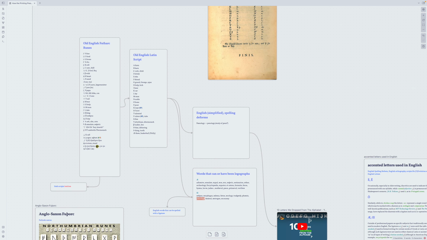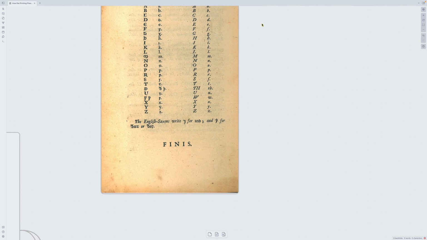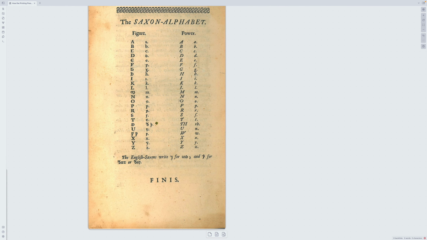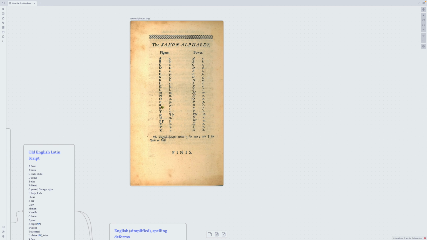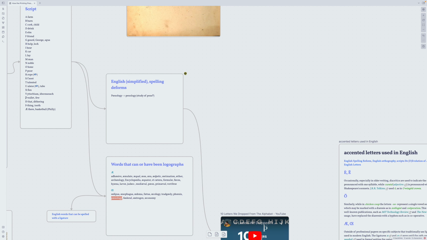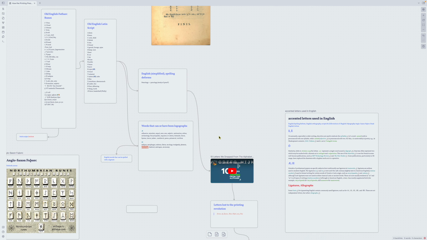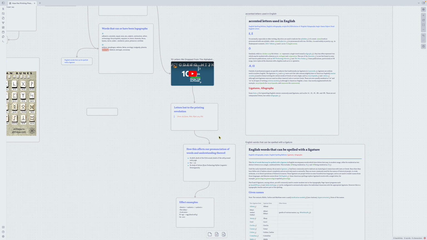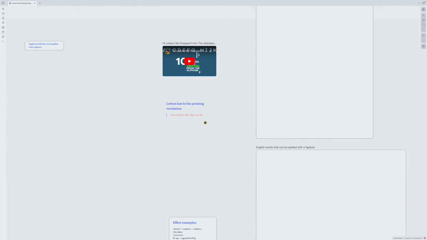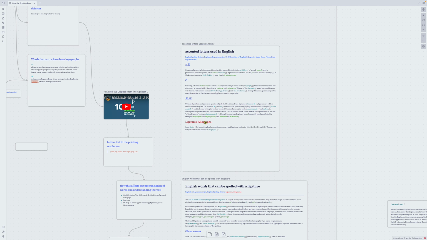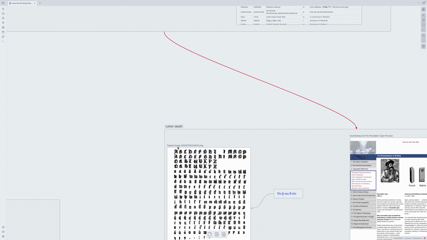And a big reason for that is that although, as we can see, even in print, it was still a thing to some extent, although this is talking about the Saxon alphabet, these letters started to die out. I'm not going to go too into detail here for the sake of time, but there's still some letters used in English to this day.